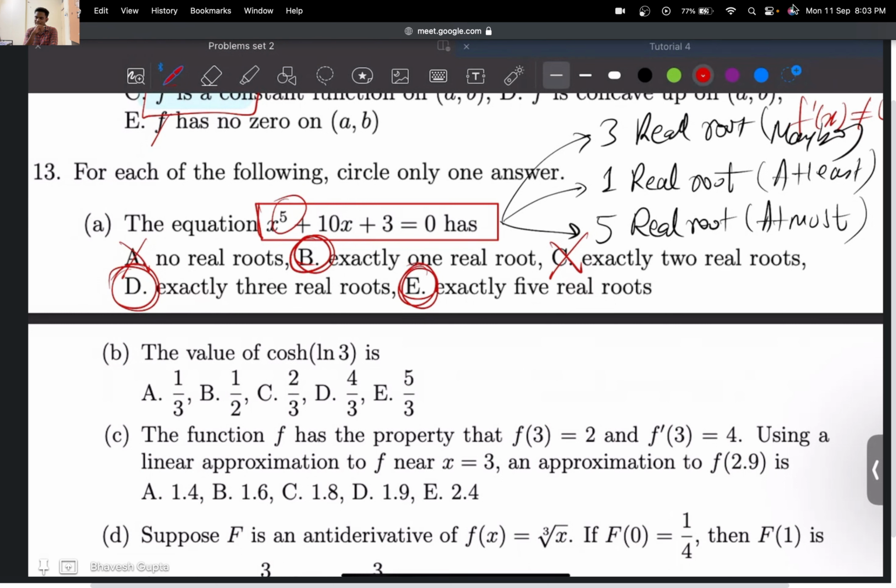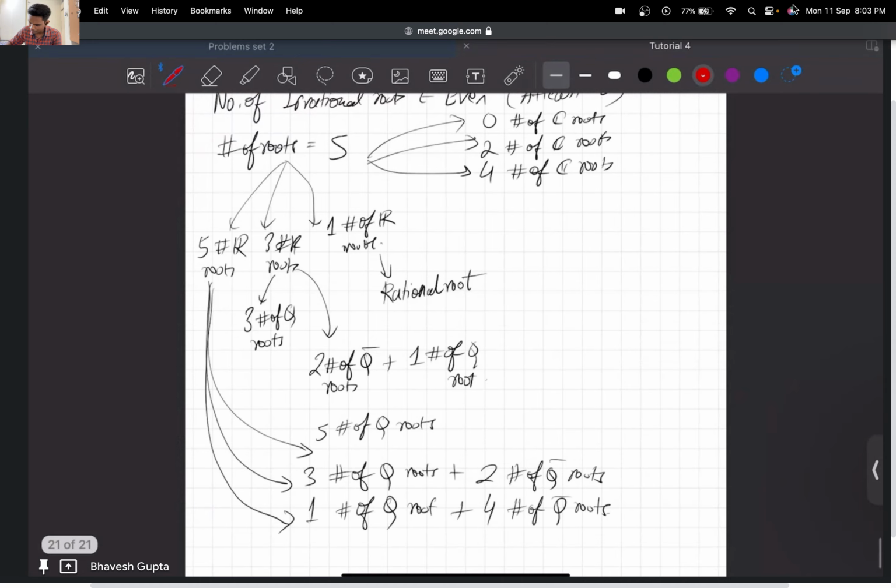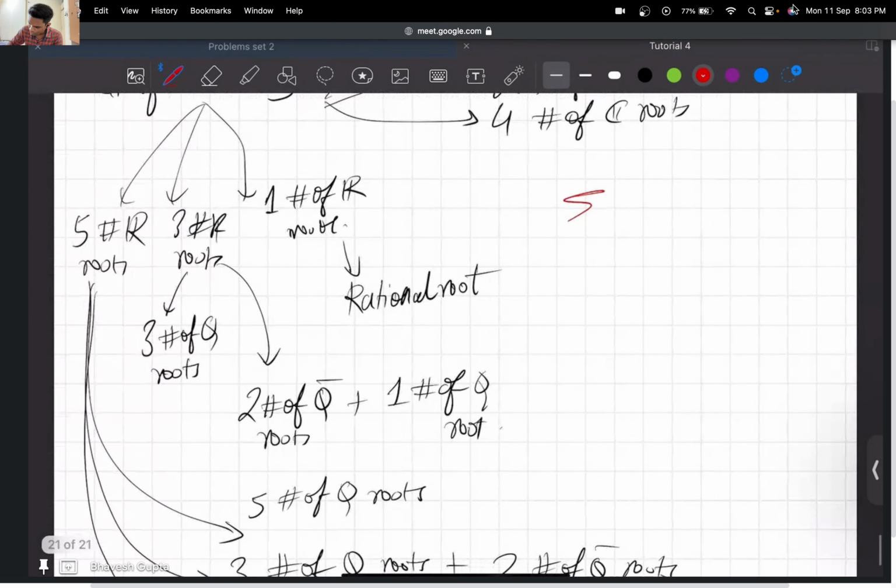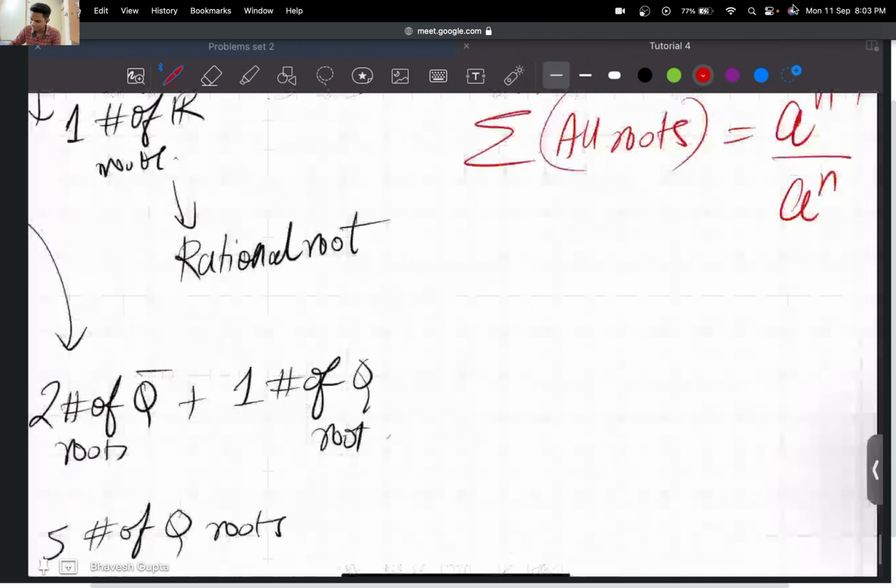And one more important thing we can see here, the sum of all roots is 0. Because the sum of all roots in this case has to do with minus a sub n minus 1 upon a sub n. So what is this?